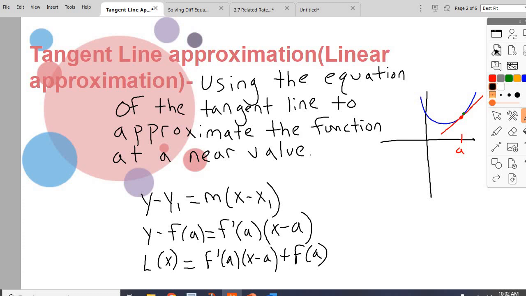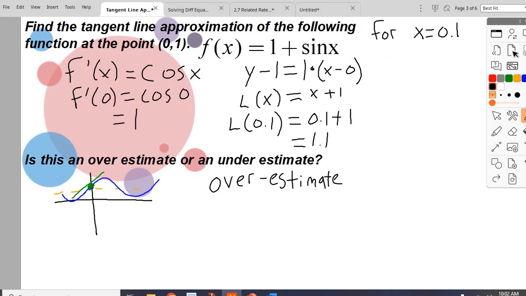So my linear approximation line is going to hit it at that point, but then because it's concave up, it's going to be below it. So this one would have been an underestimate. Versus the right of this one, this is concave down, which means that my line is going to be slightly above it, so it'll be an overestimate.